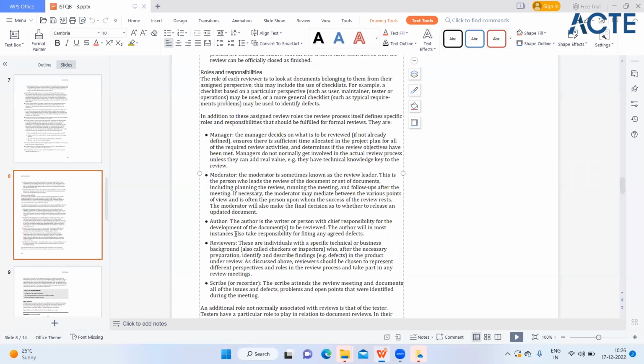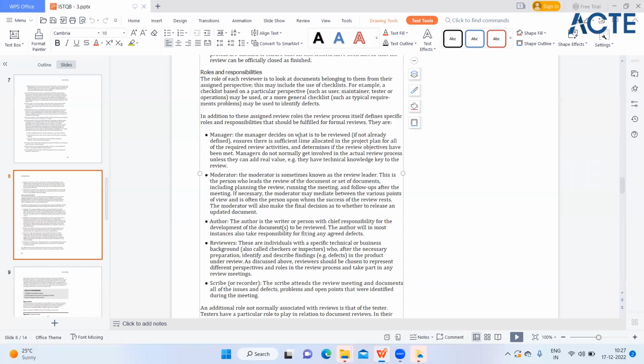Mainly you will get questions on the author and maybe the scribe, because it's a different keyword or term which we will not identify when we see the question. That's why they ask about these. We already know the reviewers, every person involved in the meeting. Now we'll learn about them in detail.